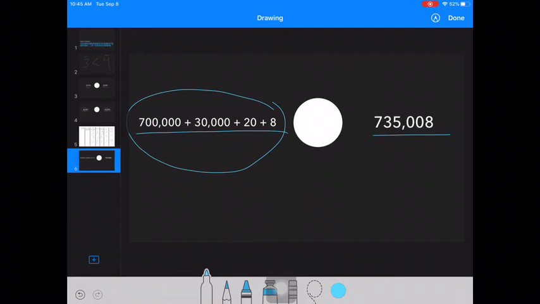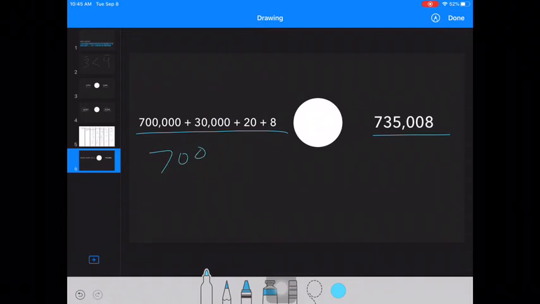You can add it up. 700,000 plus 30,000 plus 20 plus 8. So that's 730,028. Now you can add them up. If you want to make your lives easier and add, you can go boom, boom, boom, boom, boom, boom, boom, and boom.